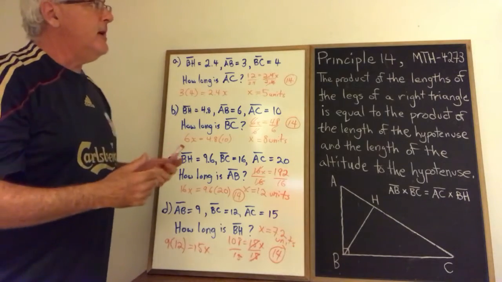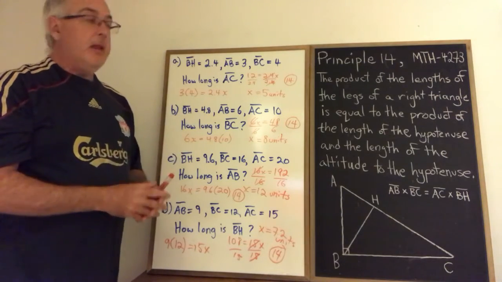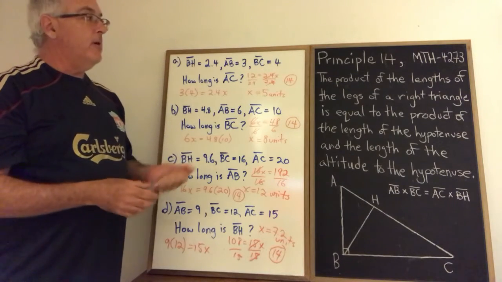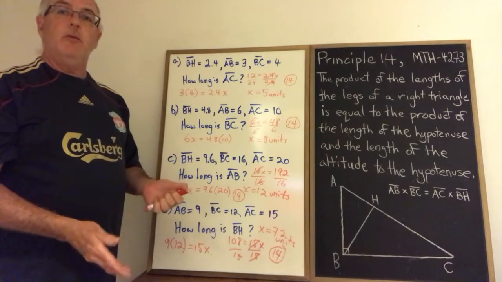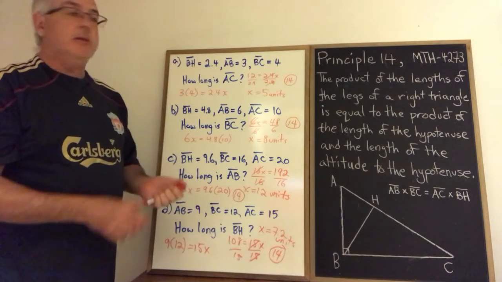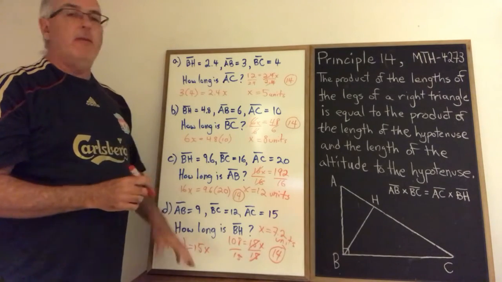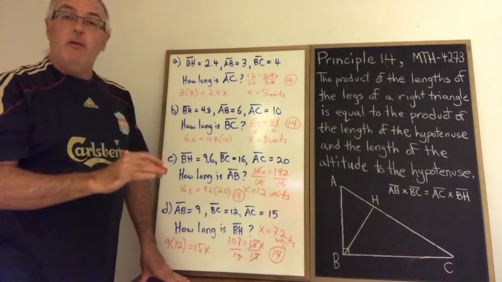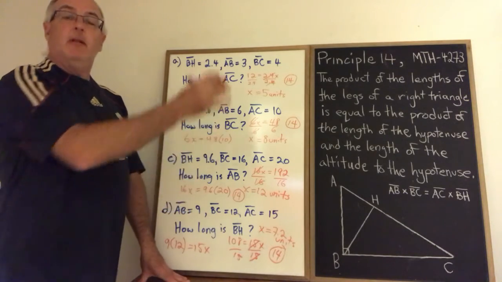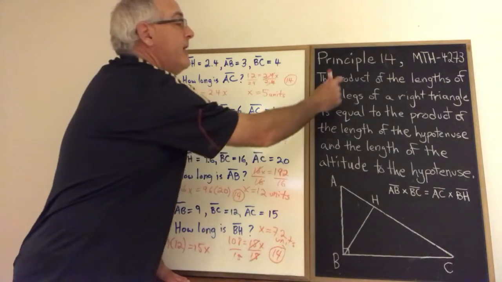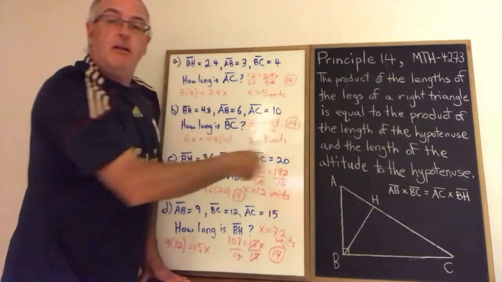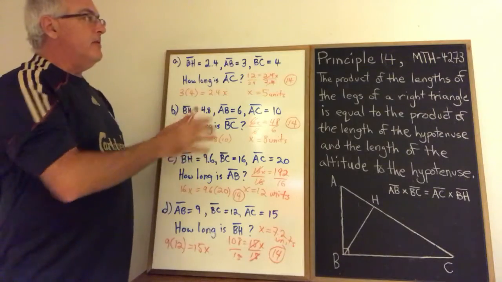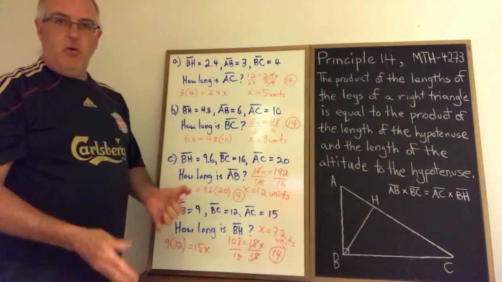Even students in my own classroom, some of them do this advanced geometry course called Math 4273, but other people do another version of the same course that's called Math 4153. And in the Math 4153 exam, the list of principles and theorems, this isn't 14, it's 12. So make sure you're careful to use the list of theorems and the number for the theorem that goes with your course.